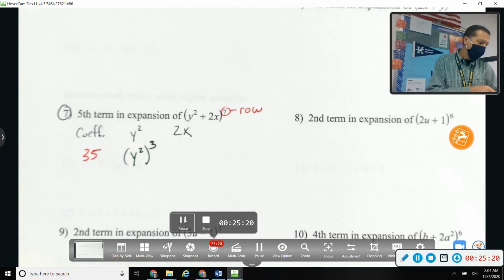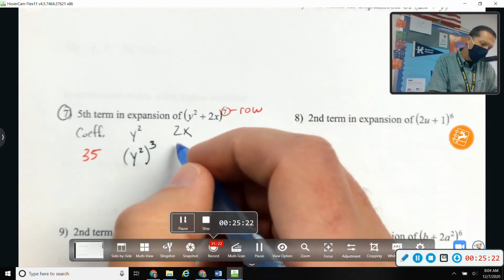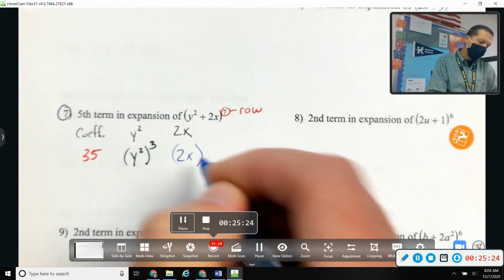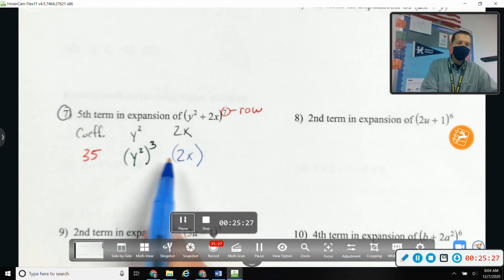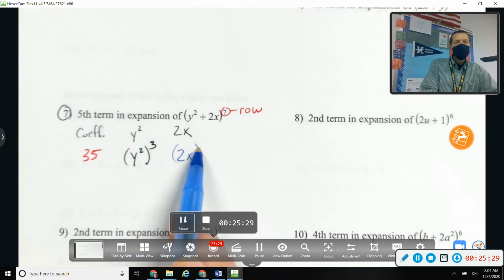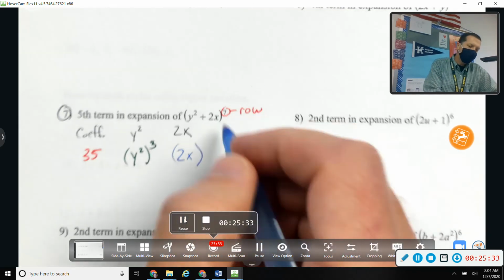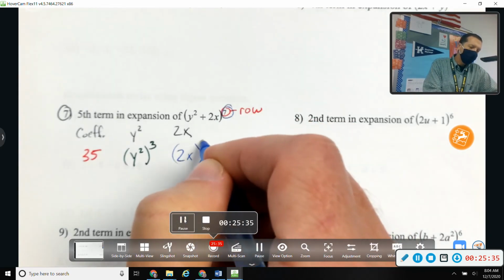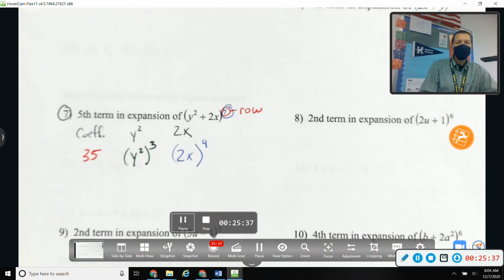And then if I'm really thinking and paying attention here, I don't have to count how many 2x's I should have. If I have 3 of these, how many of these should I have? The shortcut says they add to 7. So I should have 4 of those. If I want to go count, I can.